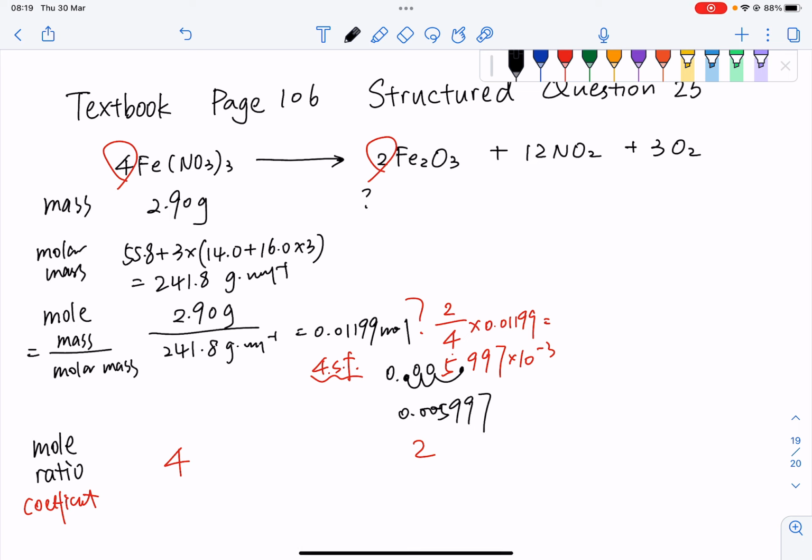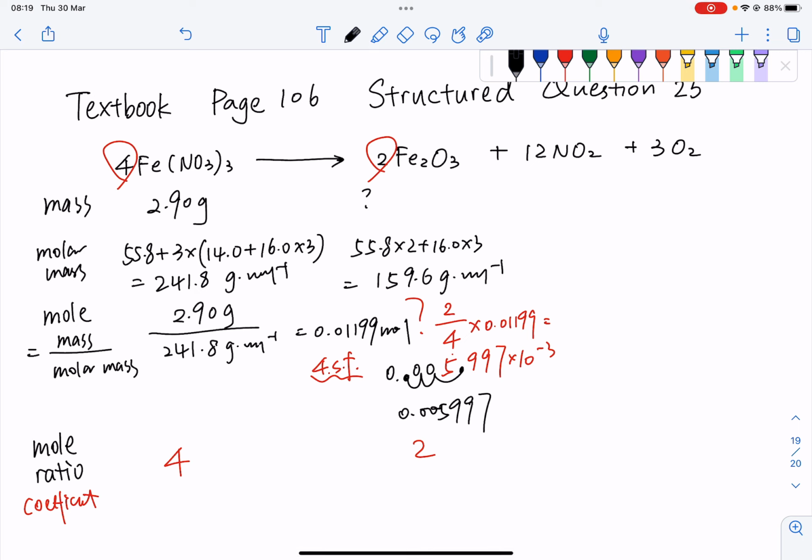Now let's calculate the molar mass for Fe2O3. It will be 55.8 times 2 plus 16.0 times 3. If we add it all together, the answer here will be 159.6 gram per mole.